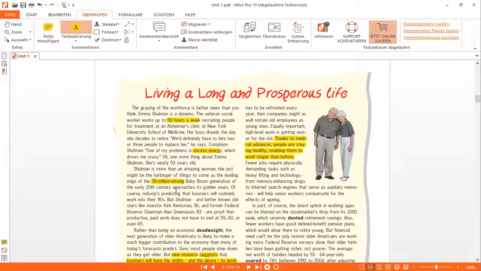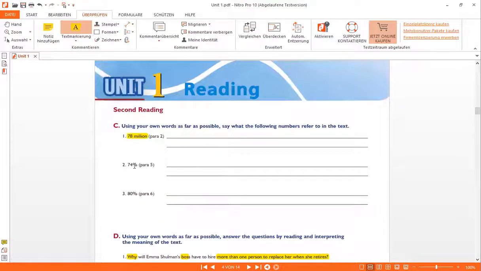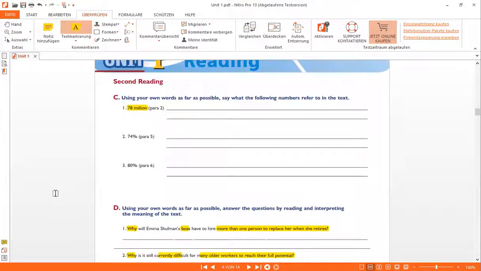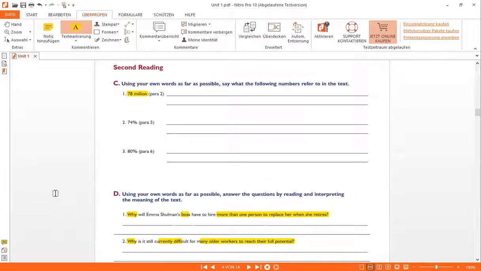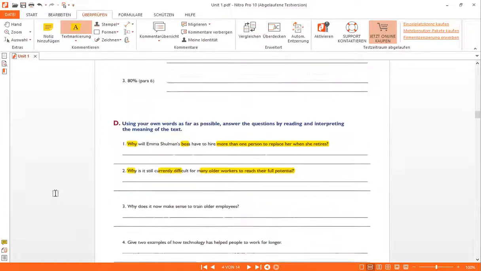The 78 million refers to the baby boomers or the baby boom generation in the early 20th century. Okay, that is what it refers to. And then for 74%, you can also find it in the text. 80% you can find it in the text. Look for that and describe it in your own words as far as possible.